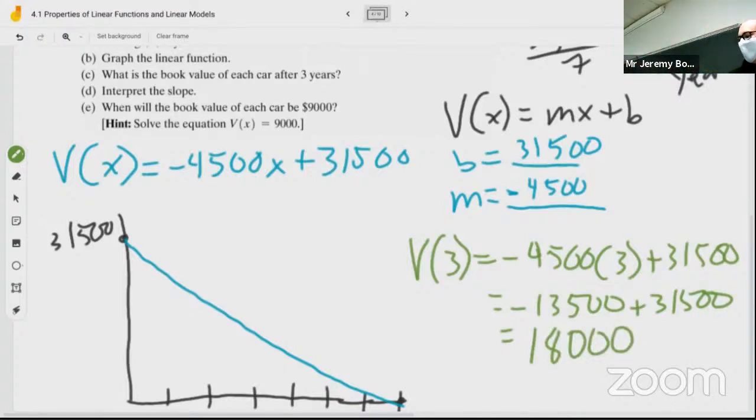So after 3 years, it's going to be worth $18,000. Any questions on that?